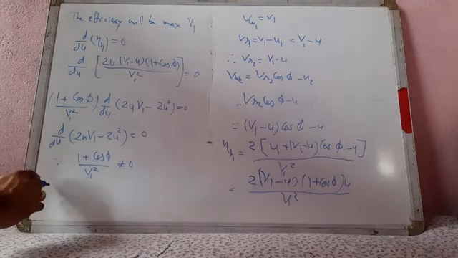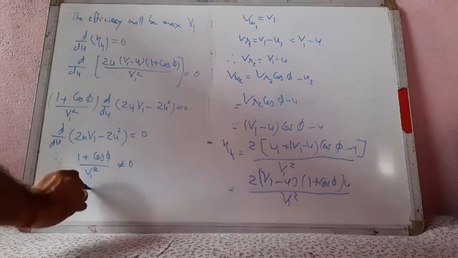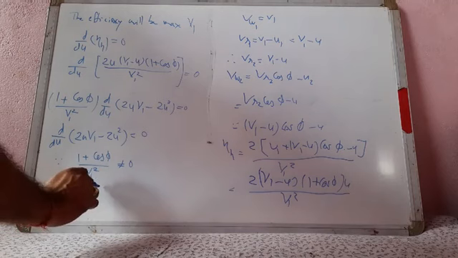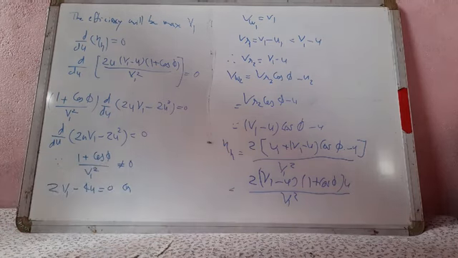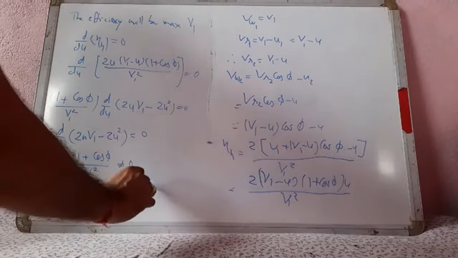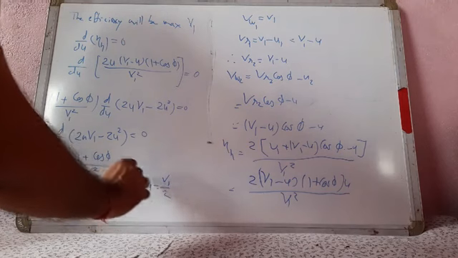So 2V1 minus 4u equal to 0, or u equal to V1 by 2.